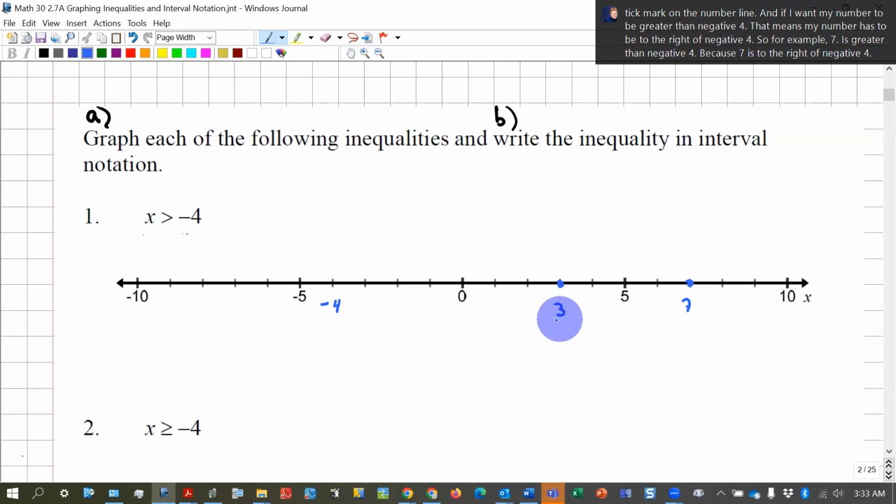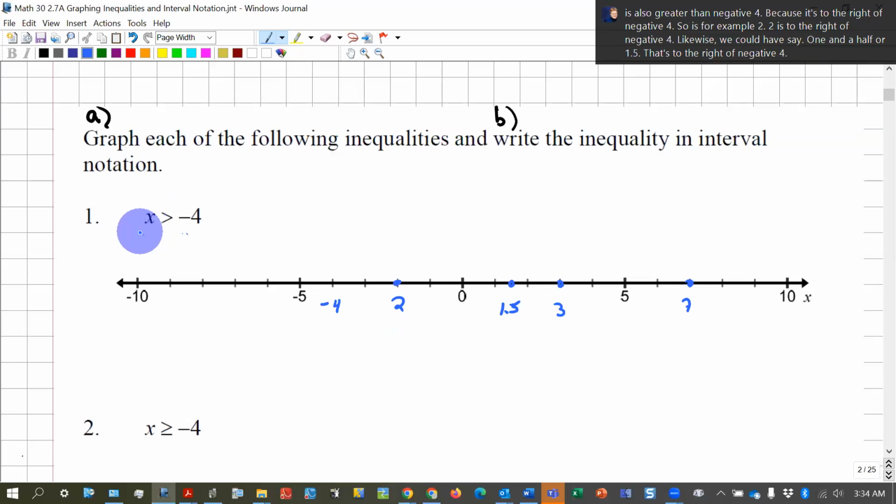Three is also greater than -4 because it's to the right of -4. So is, for example, 2. 2 is to the right of -4. Likewise, we could have, say, 1.5. That's to the right of -4.